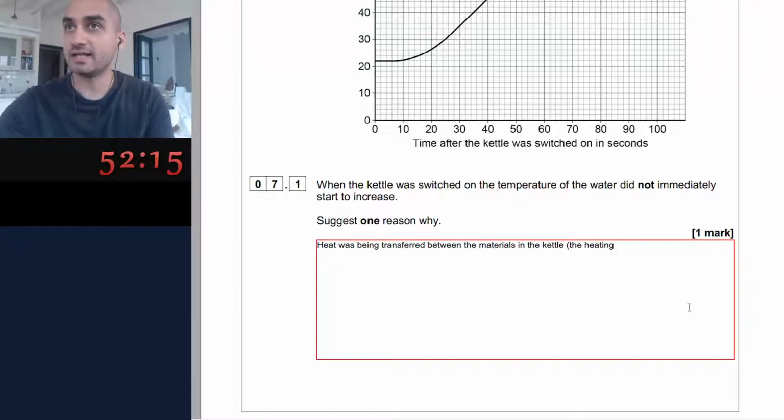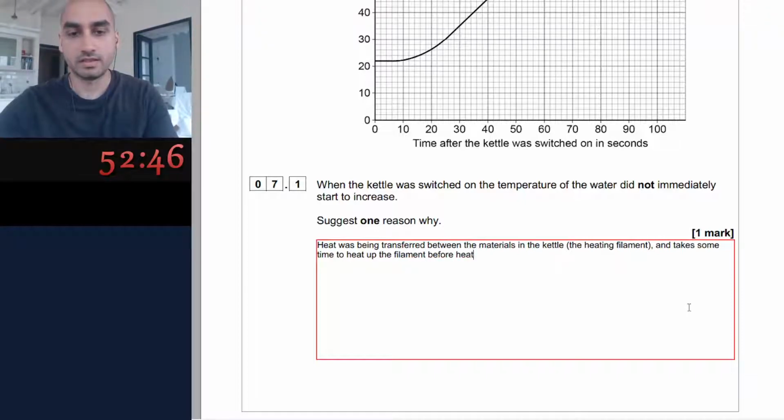So if you use a highly thermally reactive, like the heating filament, and takes some time to heat up the filament before heat gets transferred to the water.